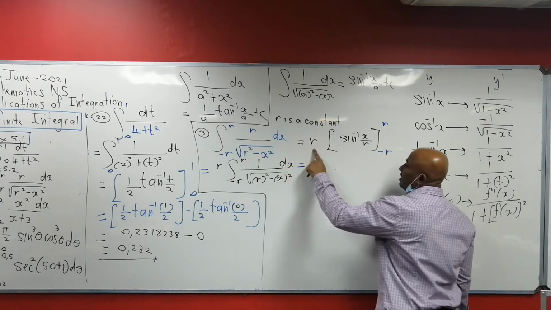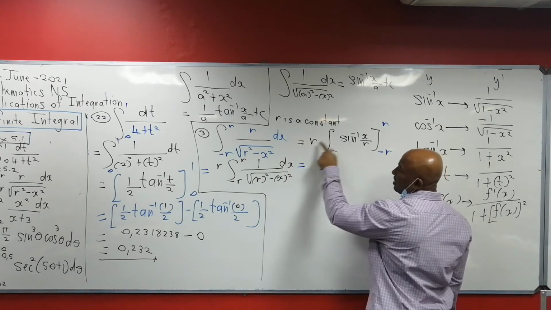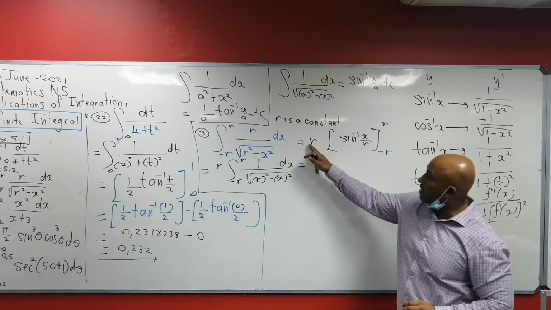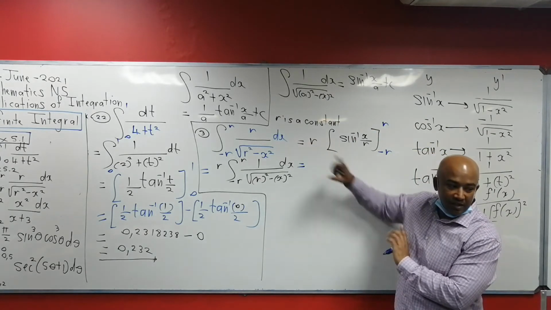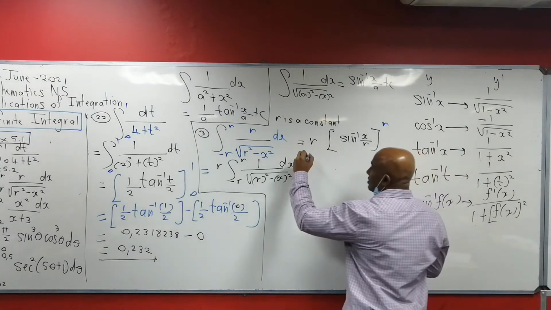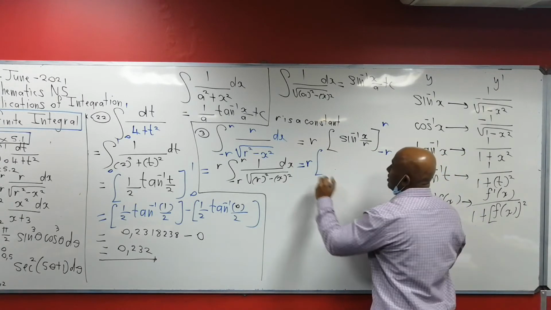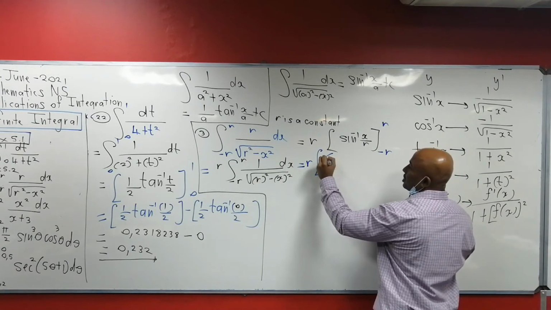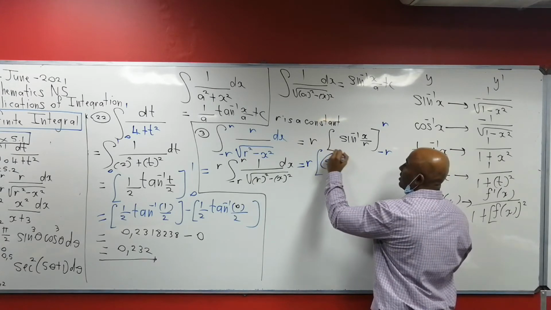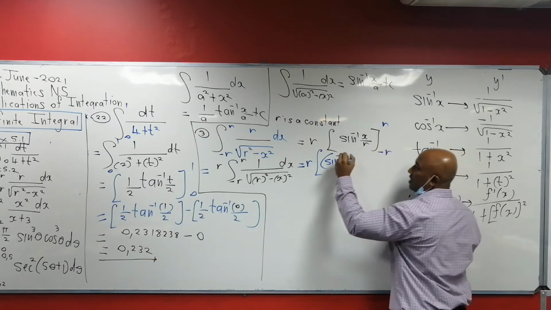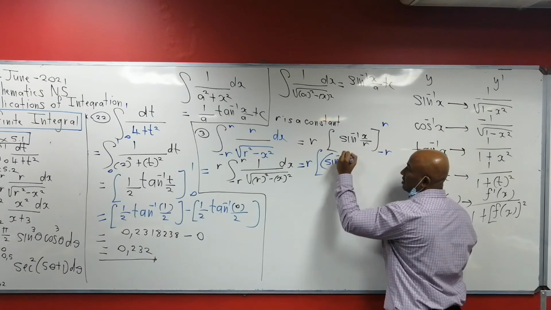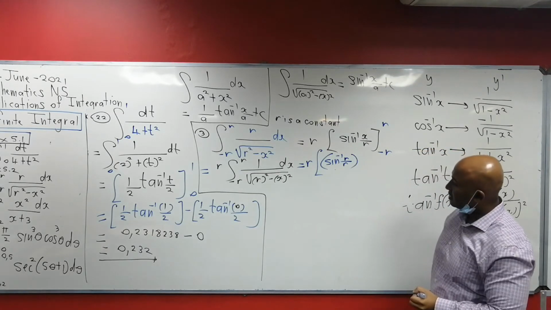So this r here, it's up to you if you want to leave it inside or outside. If you leave it outside, then you will work out everything and then multiply your final answer by r. So let me do it that way. So there's my r there. All I'm going to do is first substitution is going to be inverse sine. I'm replacing x with r, so that's going to be r over r. We're clear with that?